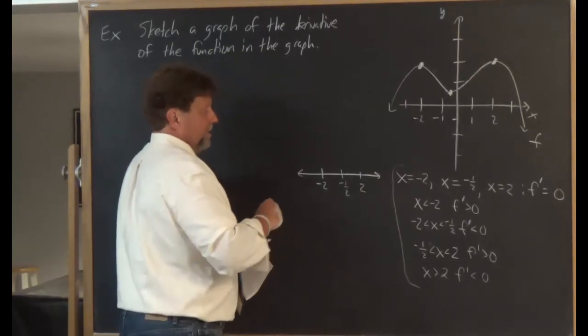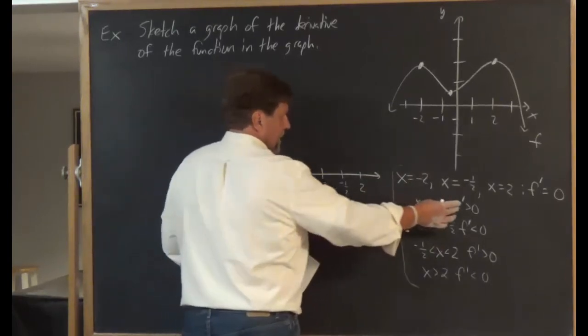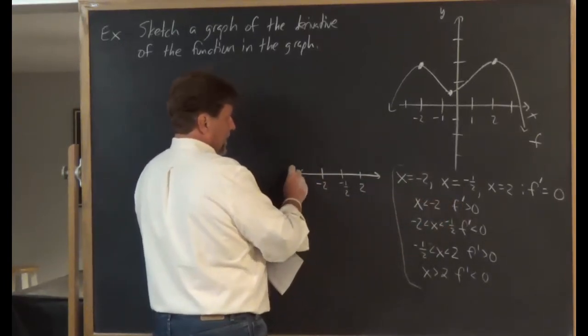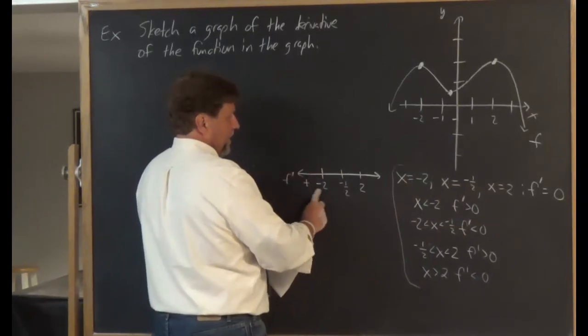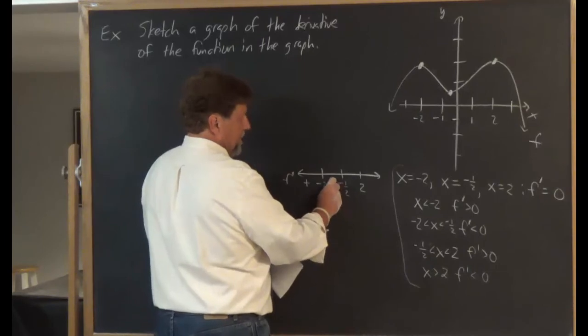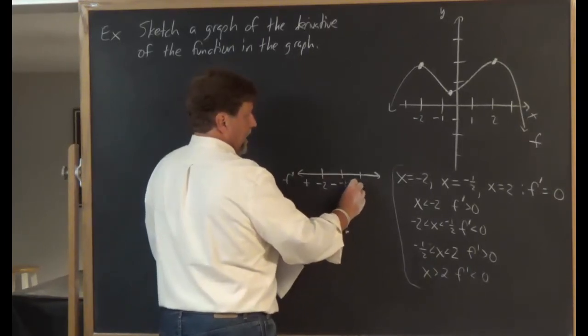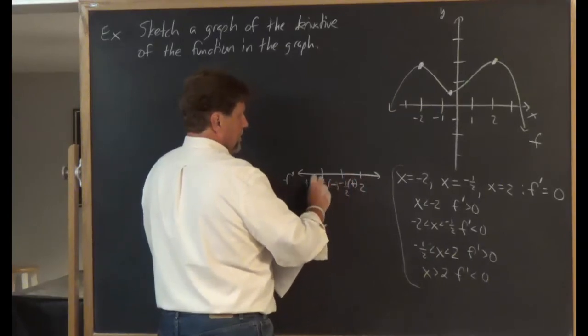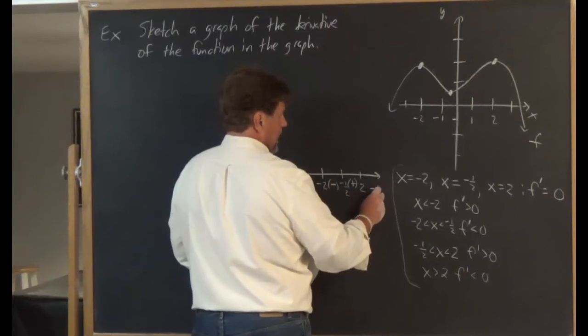And let's see. Let me put an f prime right here in bookkeeping. The derivative is positive on this interval. On this interval we said it was negative. On this interval we said the derivative would be positive. Let me put those in parentheses. And out here we said the derivative would be negative.